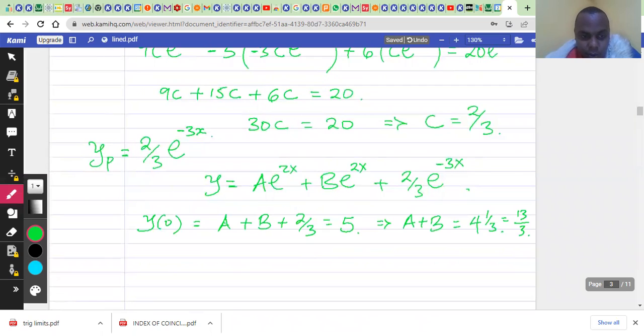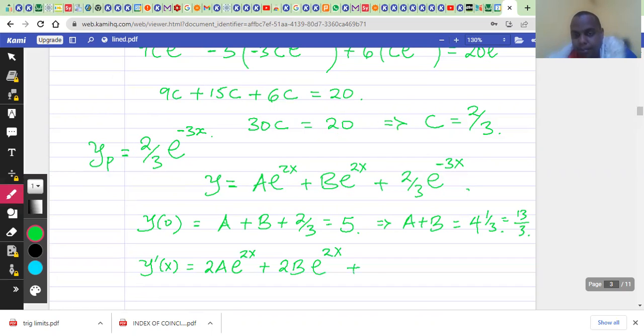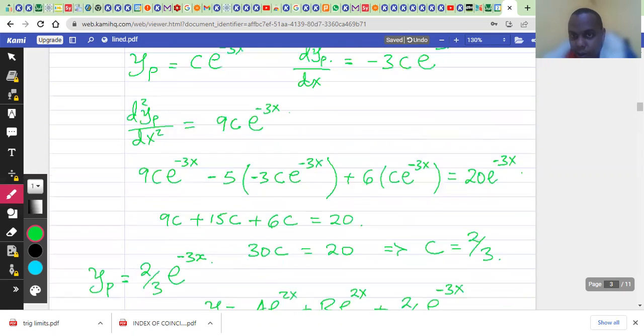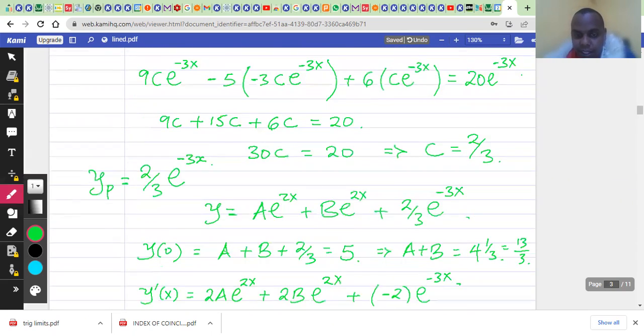Next, we have y prime. First of all, what is y prime of x? Let us differentiate this. Is it going to be 2A e to the power of 2x plus 2B e to the power of 2x, minus 2 e to the power of negative 3x, right? And then we have y prime of 0 is 3.